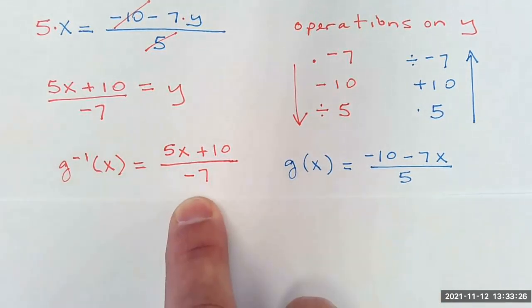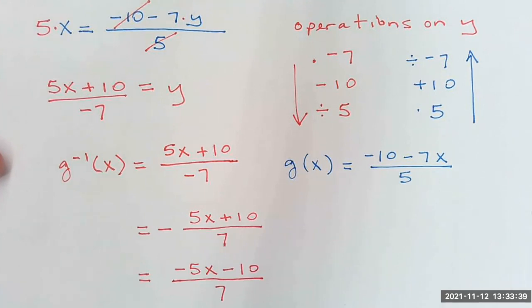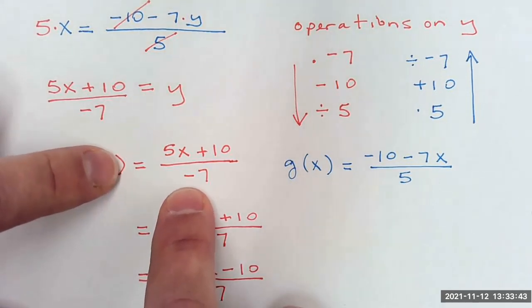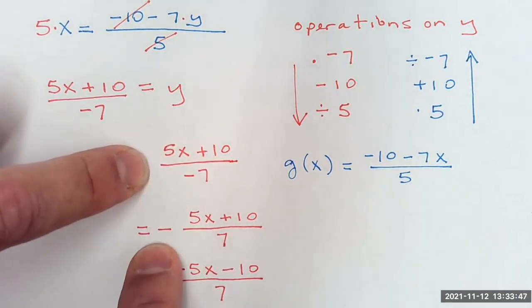Now let's talk about negatives for a moment, because I know that some of you are rewriting your expressions, trying to simplify. And here's what I want to talk about in terms of simplification. You can move this negative sign to the outside of the ratio.